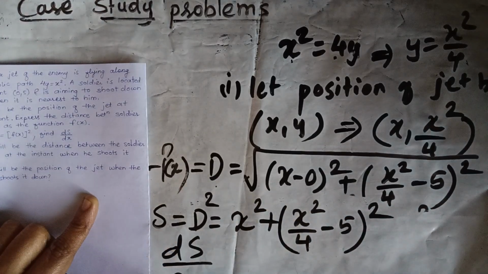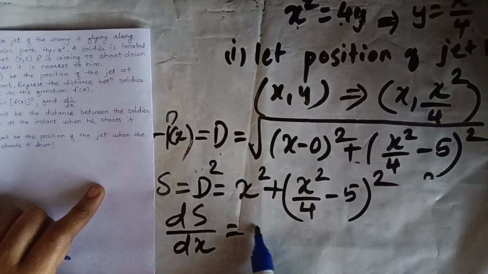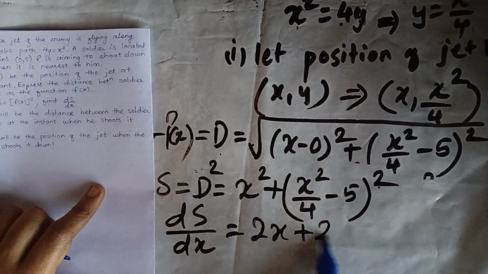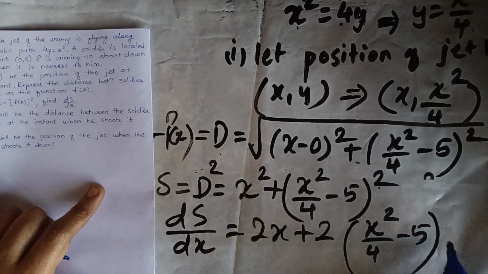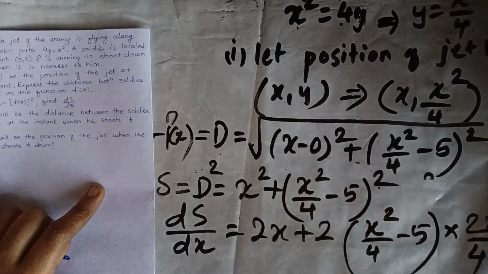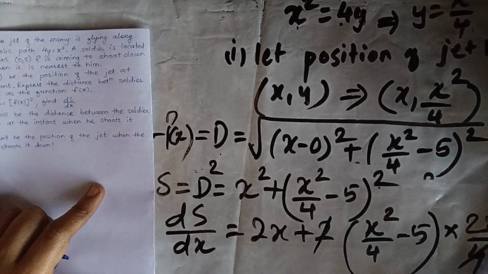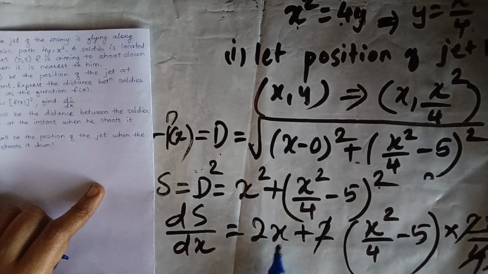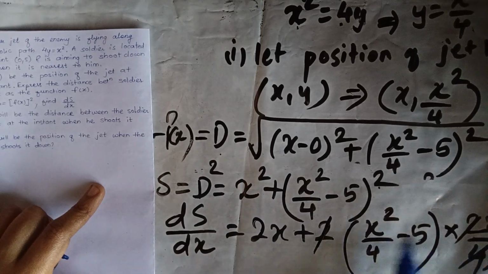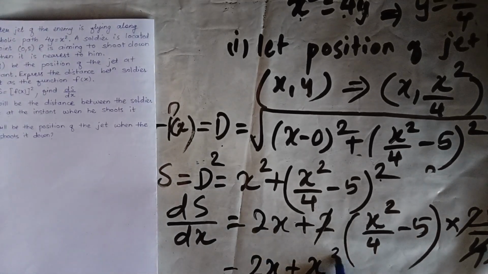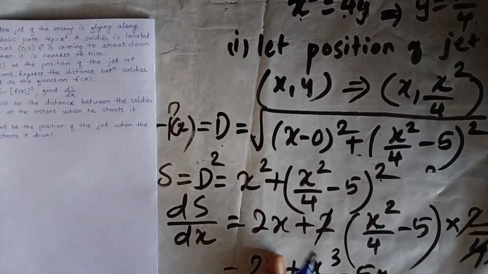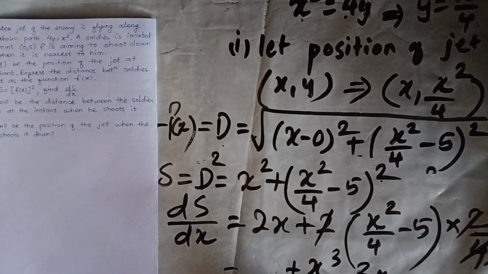Now differentiating with respect to x, 2x plus 2 times x square by 4 minus 5, then the derivative of x square by 4, which is 2x by 4. Okay. So 2x, then you can take this x inside, so you'll get plus x cubed by 4 minus 5x. So minus 5x plus 2x is minus 3x. So this is your ds by dx.